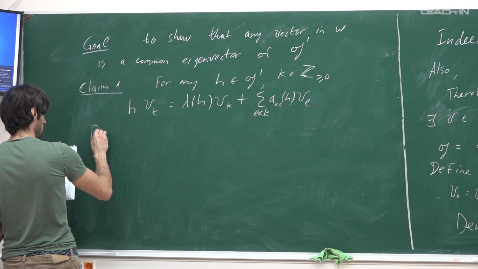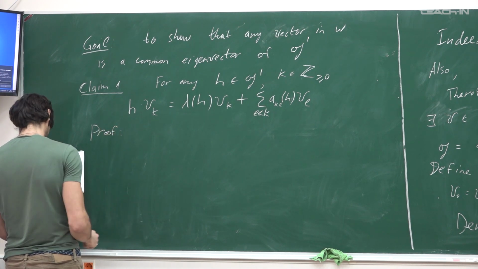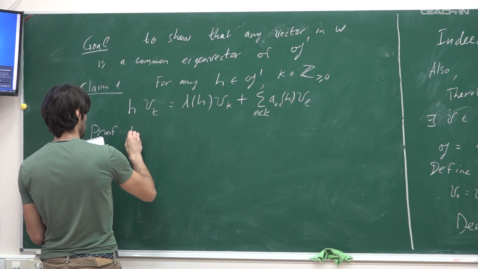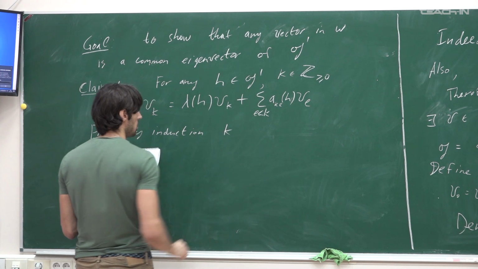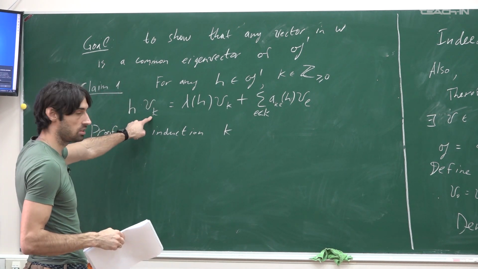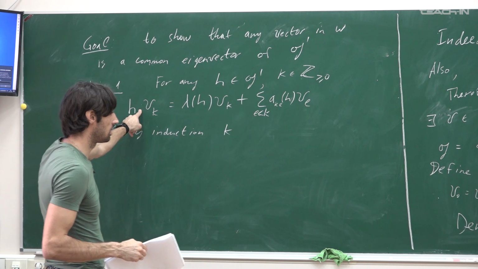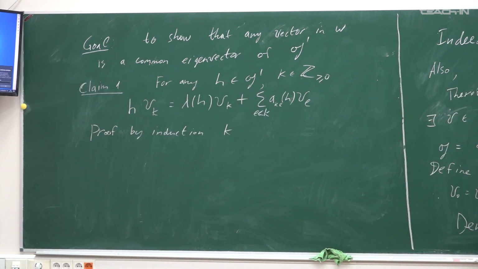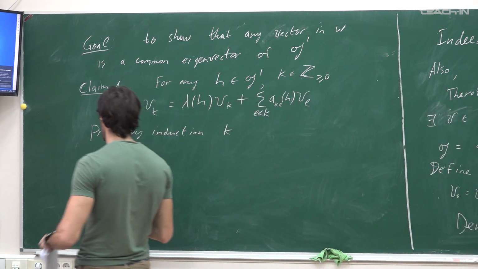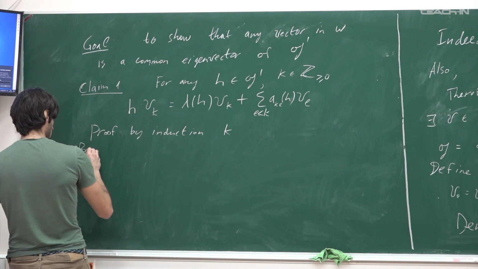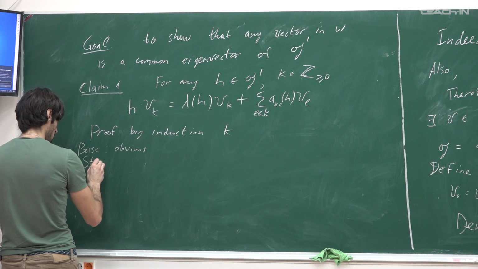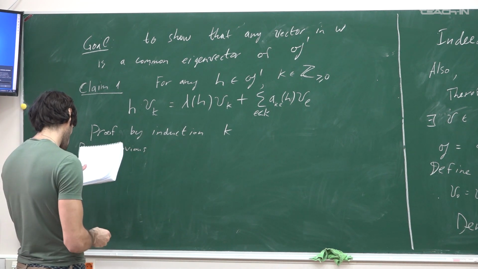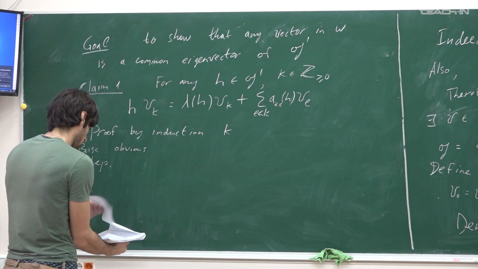Proof of the claim by induction on k. Well, the step is clear, right? v_0 is just v, and that's how we defined this number, lambda of h. This is the base. So base obvious, and step, I just need to act and commute, right?